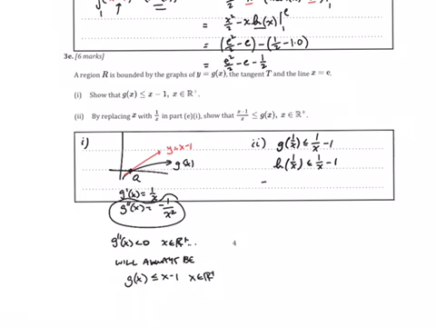Now I can pull out a negative, which changes this to negative ln of x less than or equal to 1 over x minus 1. Then I'm going to multiply both sides by negative 1, and when you do that, almost forgot, you change your inequality, which makes this 1 minus 1 over x.